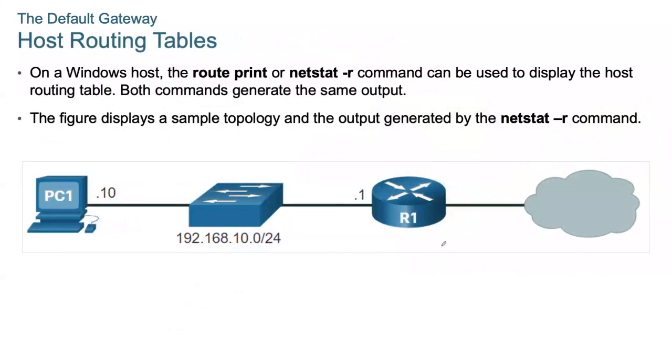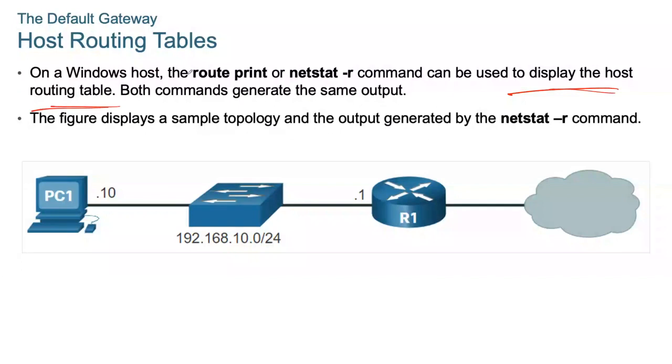So the host routing table, on a Windows host, the route print or the netstat -r commands can be used to display the host routing table in your command line.